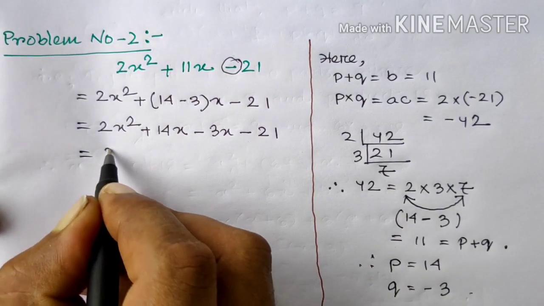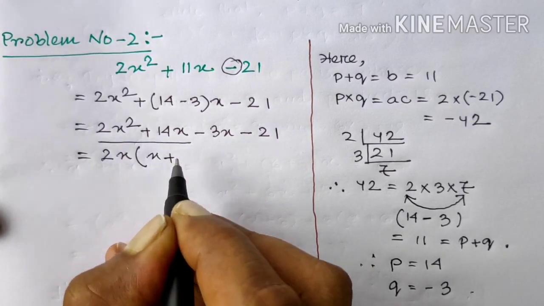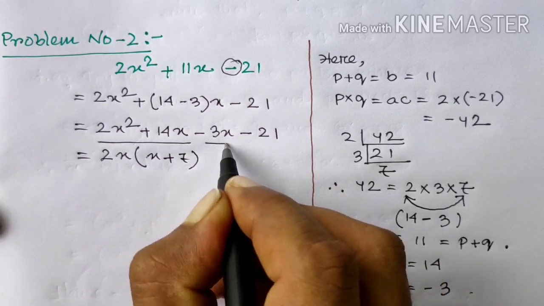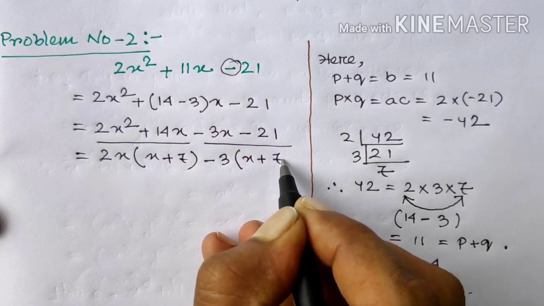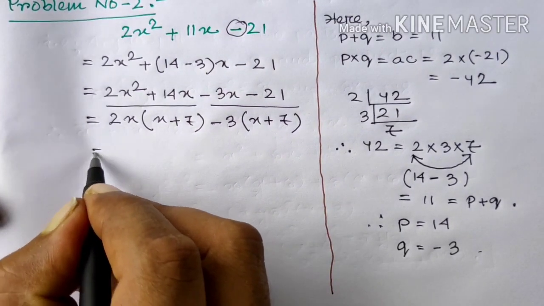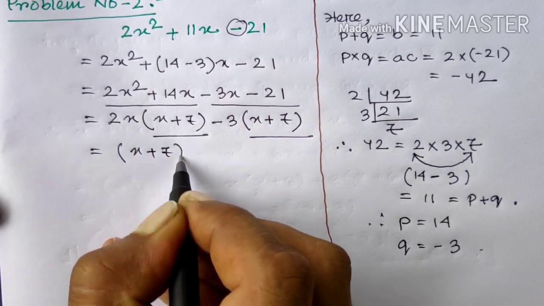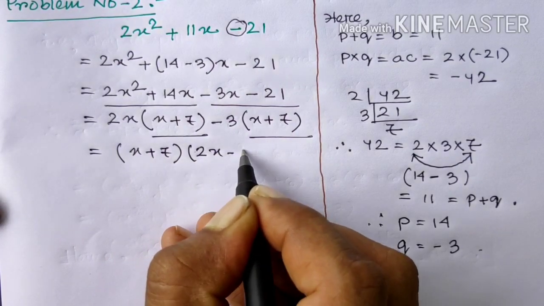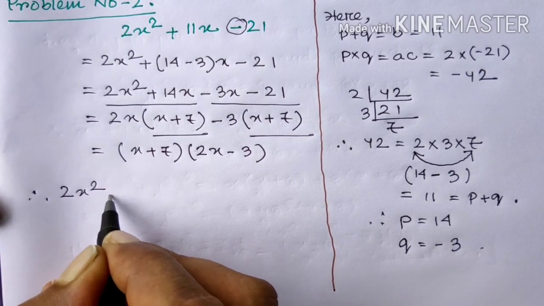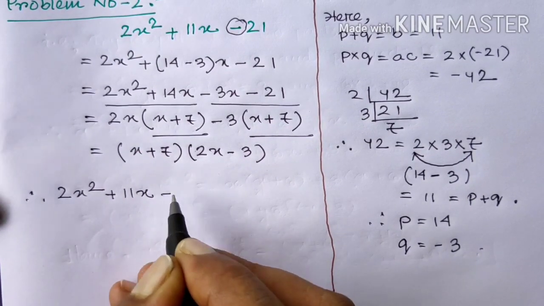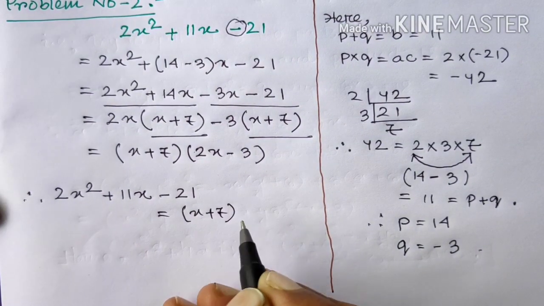Now taking common 2x from the first two, we get x plus 7, and taking common minus 3 from the rest two, we get x plus 7. Now take common x plus 7, we get 2x minus 3. Therefore 2x square plus 11x minus 21 equal to x plus 7 into 2x minus 3.